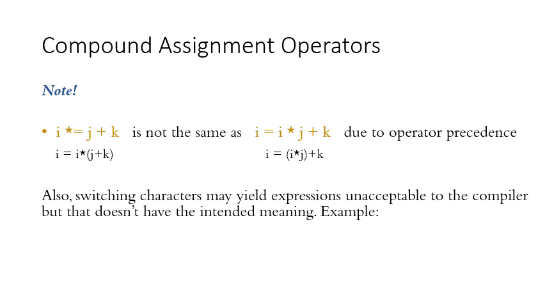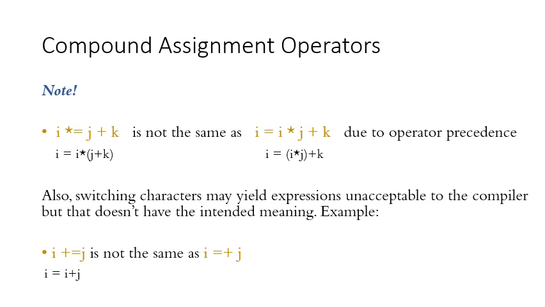Also, switching characters may yield expressions unacceptable to the compiler, or that don't have the intended meaning. For example, I plus equals j is not the same as I equals plus j.